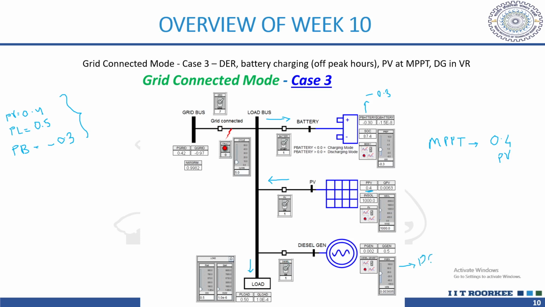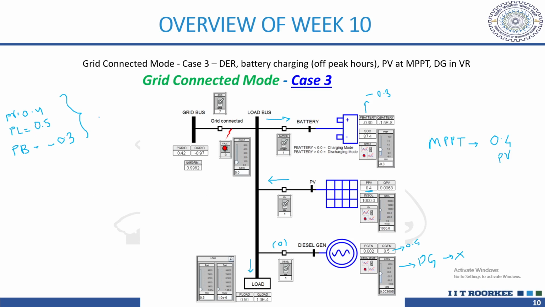We are not using them for active power mismatch purposes in grid connected mode. Only we take the Q support. You can see here Q is 0.5 for this diesel generator, but no active power support. The active power support will be taken from the grid. So here basically 0 for active power.